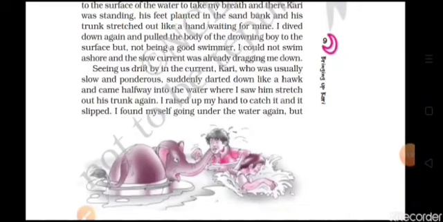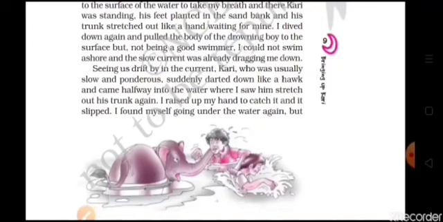Seeing us drift by in the current, Kari, who was usually slow and ponderous, suddenly darted down like a hawk and came halfway into the water, where I saw him stretch out his trunk again. I raised up my hand to catch it, and it slipped.